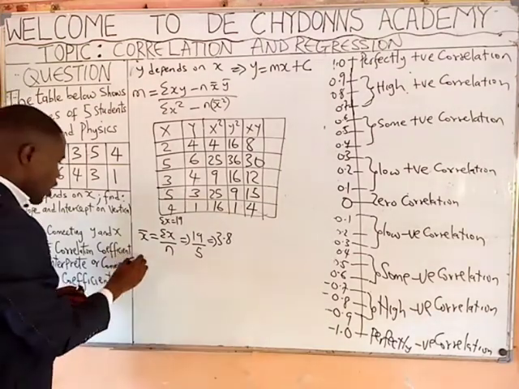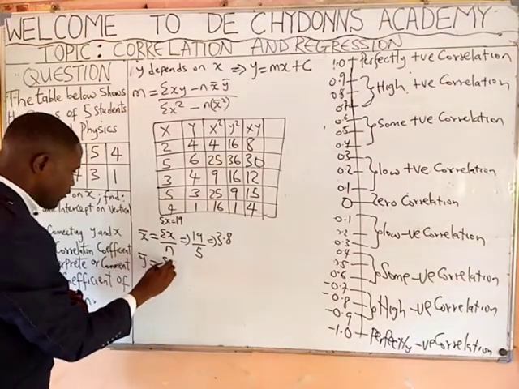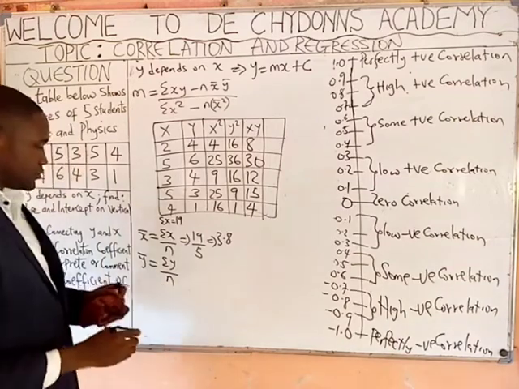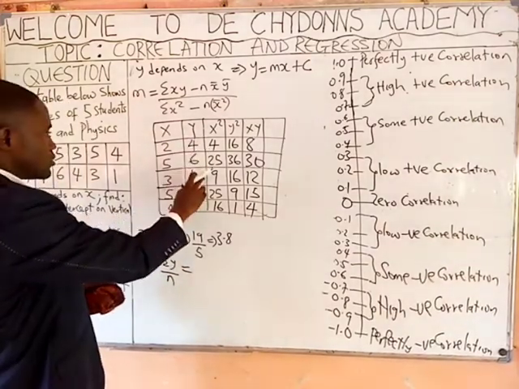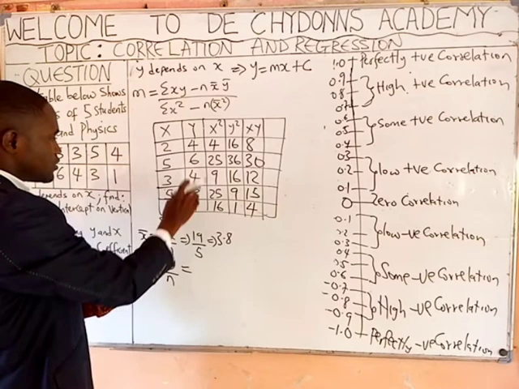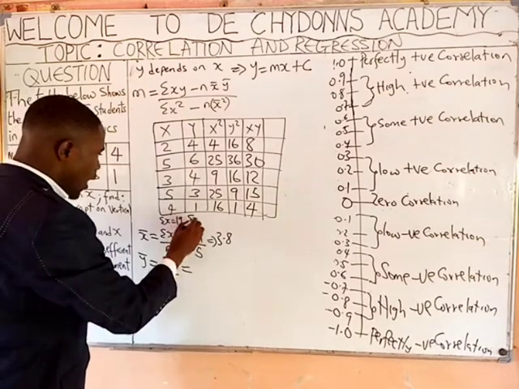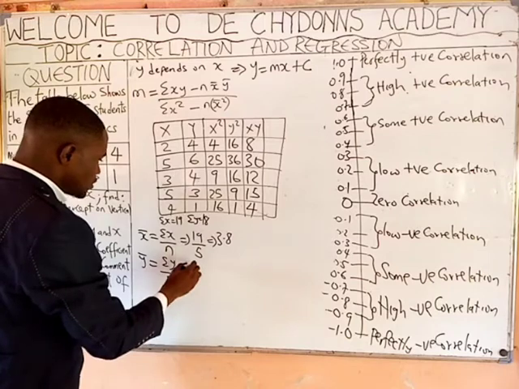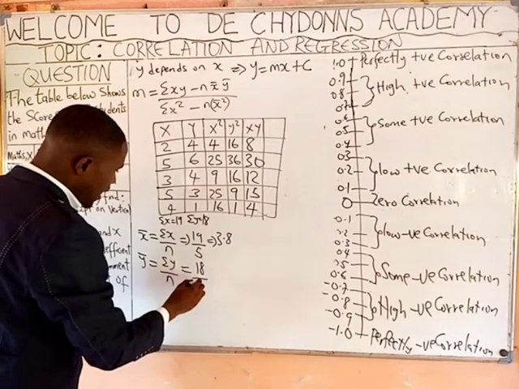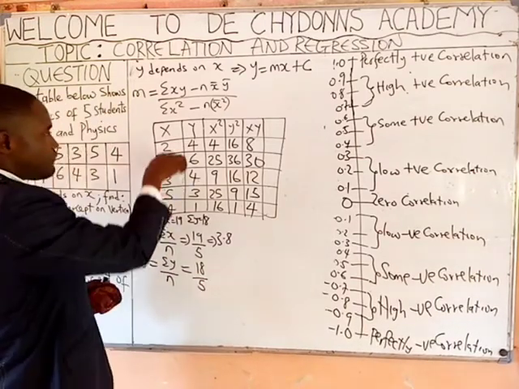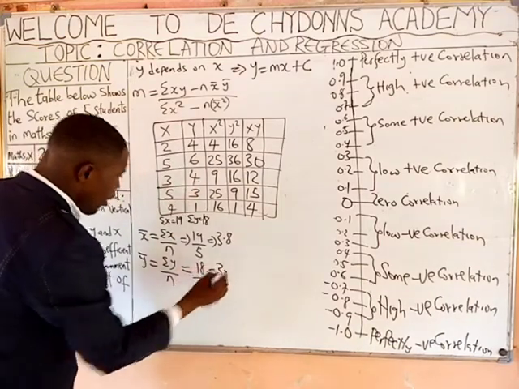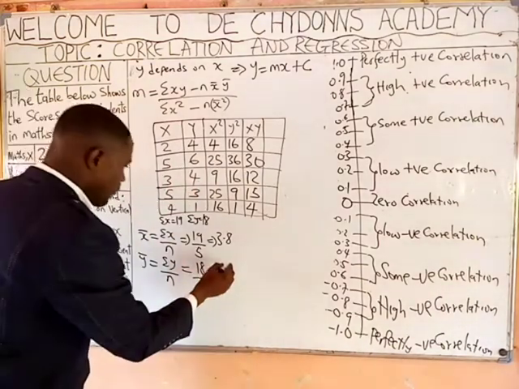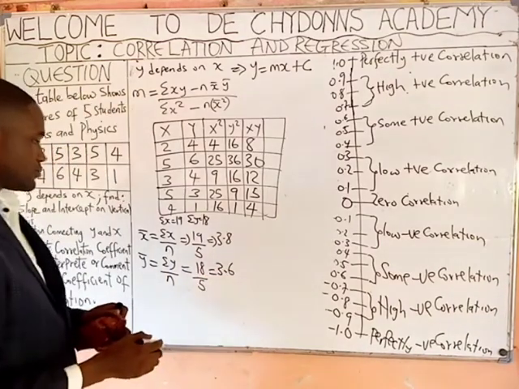Then, mean of y is equal to summation of y all over n. And what is the total for y? 10, 14, 17, 18. Summation of y equal to 18. So we say 18 all over 5 because we have 5 values. That will be giving you 3.6.